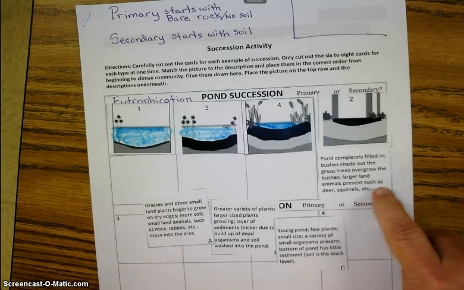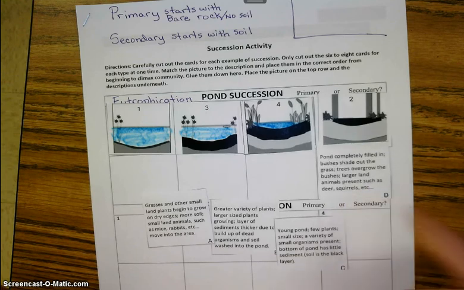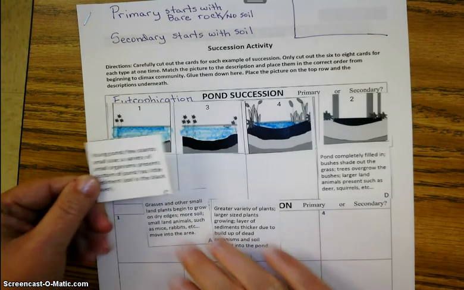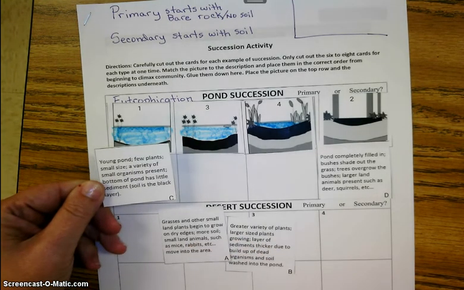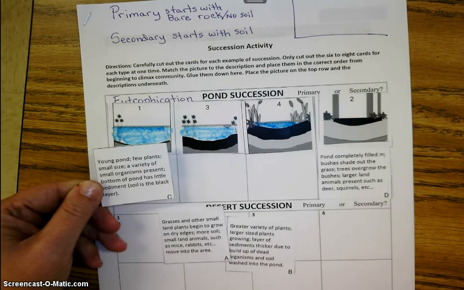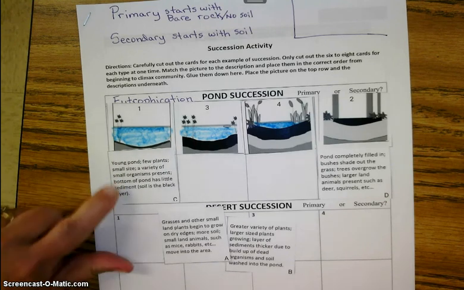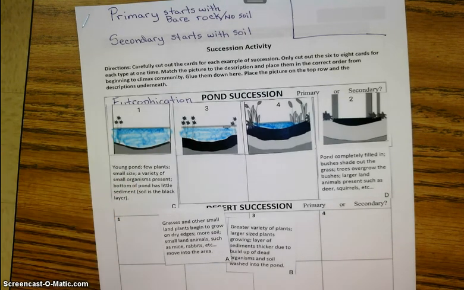Larger land animals are present, such as deer, squirrels, etc. If I were to pick something for number 1, it would probably be C. Young pond, few plants, it's small in size, there's a variety of small organisms present. The bottom of the pond has very little sediment. The soil is the black layer that's being added, so it's very little there.